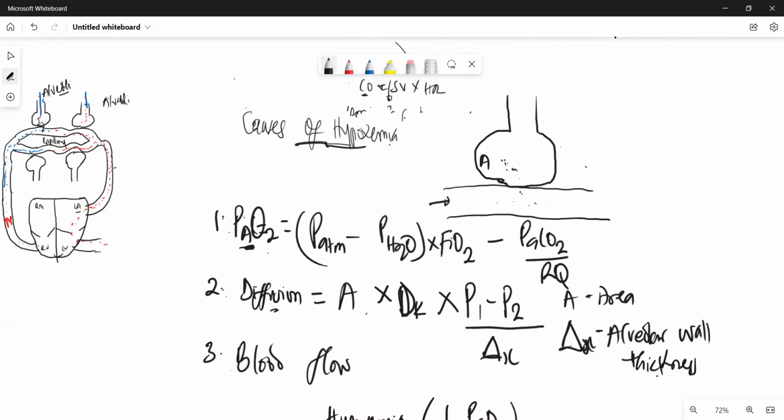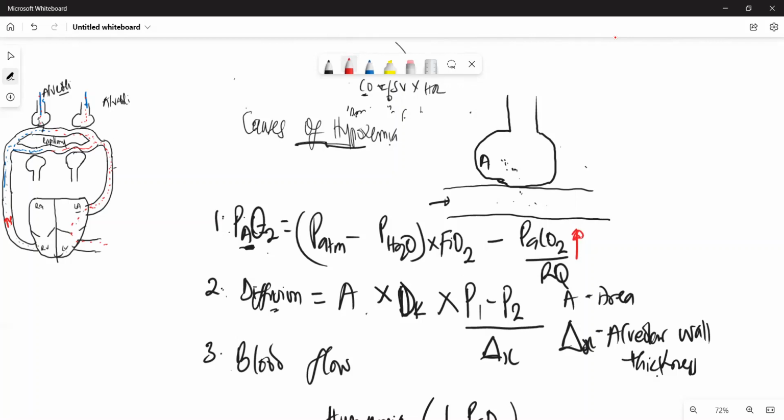Looking at our formula for the alveolar gas equation, number one will be an increase in carbon dioxide, if the patient is retaining a lot of carbon dioxide.